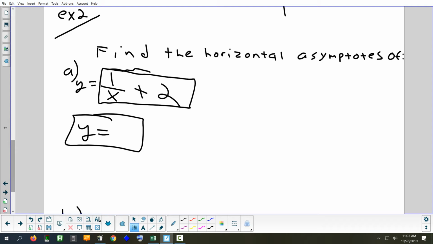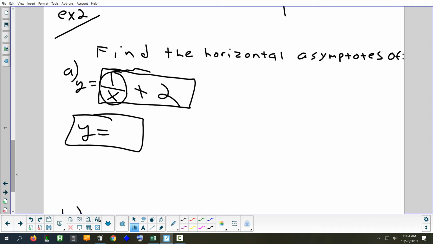So first thing I do is I look at this fraction. If x gets bigger and bigger and bigger, what's happening to that fraction? Getting smaller, and what is it approaching? Just the fraction part. Jared? Just the fraction part. 0. This fraction part is approaching 0. It never will be 0.